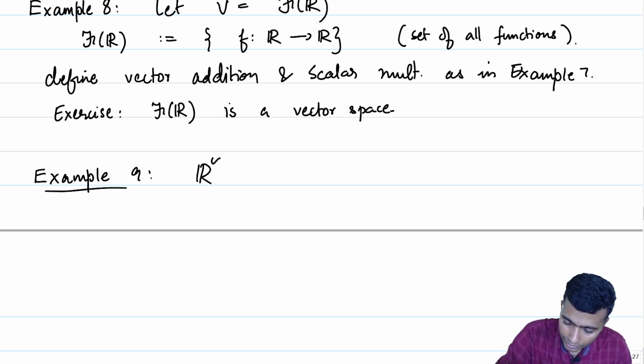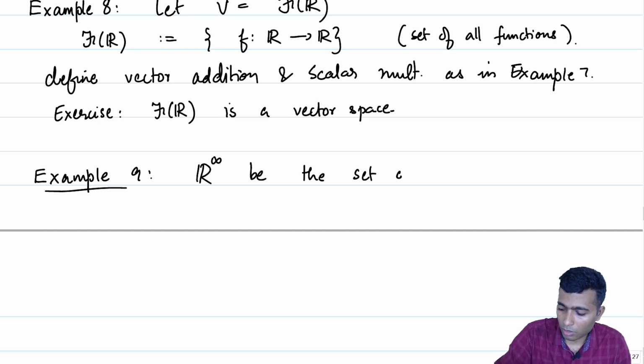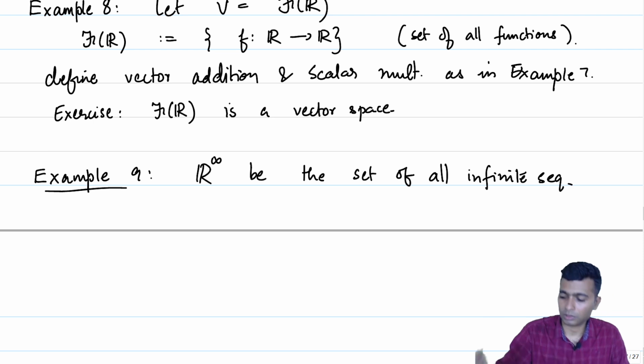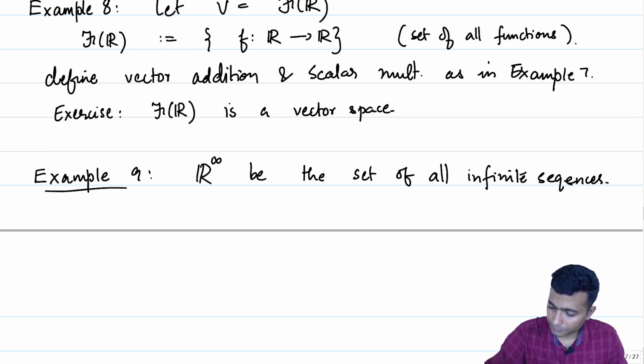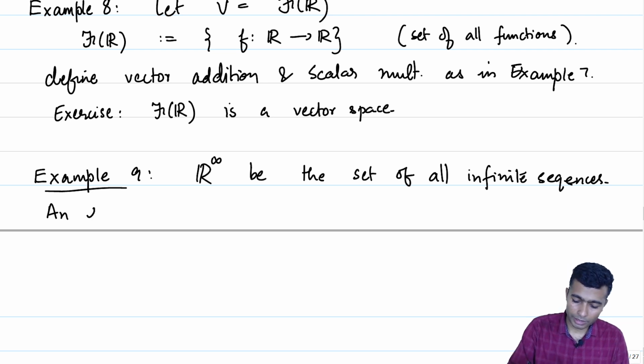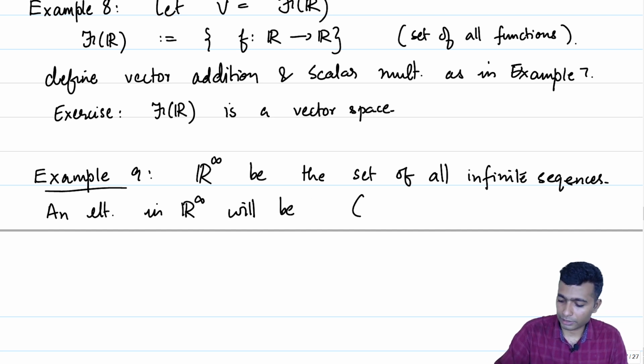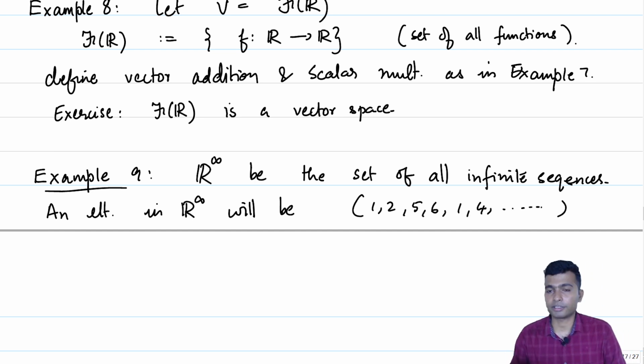So, let R infinity be the set of all infinite sequences. So, an element in R infinity will be something like, say, 1, 2, 5, 6, 1, 4, dot, dot, dot, an infinite sequence.